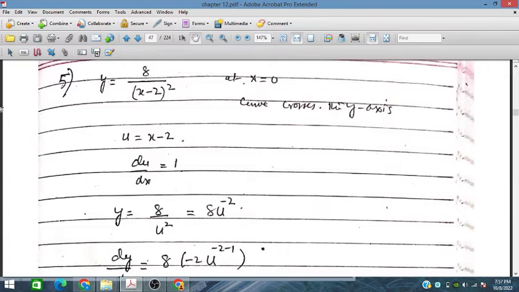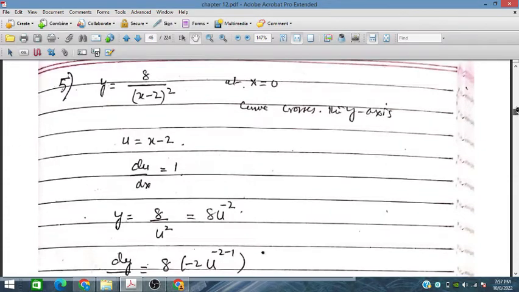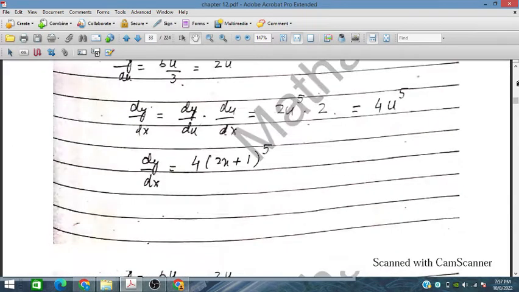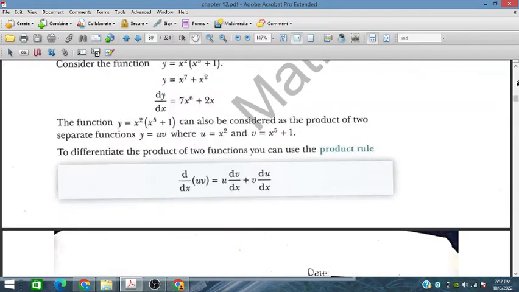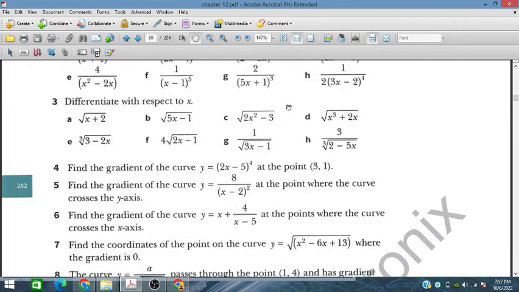Problem number 5: the curve crosses the y-axis. Let's read the problem. Find the gradient of this at the point where the curve crosses the y-axis.